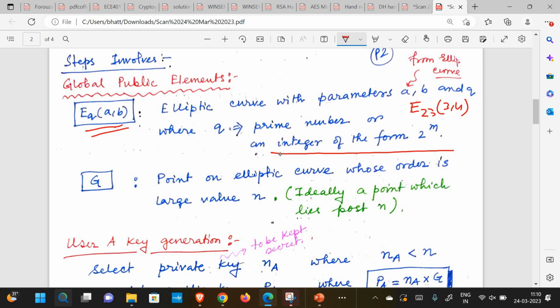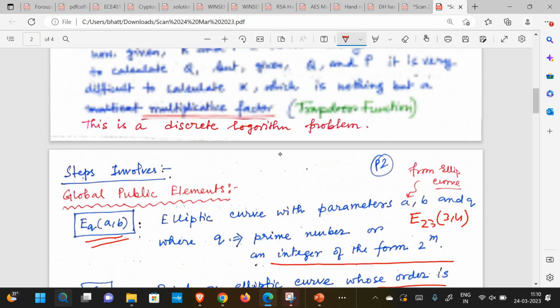The second parameter is called G. Okay. Now the point on the elliptic curve whose order is larger than n. So remember the n, I told you the order of n, that is where the limiting condition we are imposing. So this is ideally a point which lies past the n value.